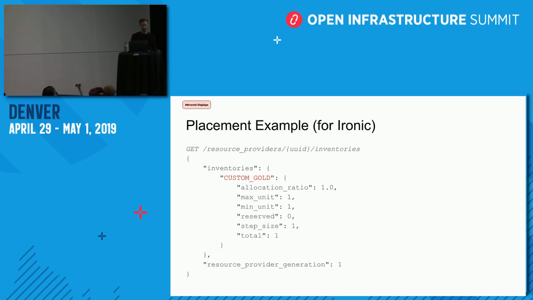And our JSON blob in this case, for Ironic, is an inventory with a single resource class. And in this example, we're using custom gold. That seems to be people's favorite example. I don't know who's buying gold servers, but lucky them. And we can see that we've got a single unit of that resource class.